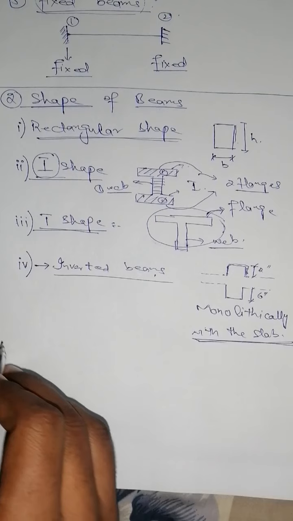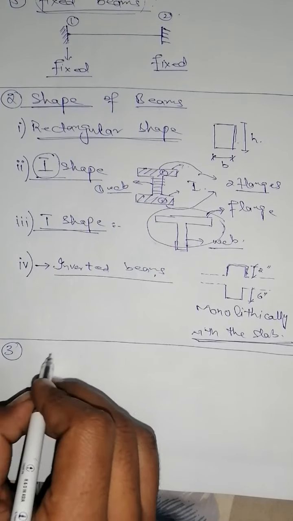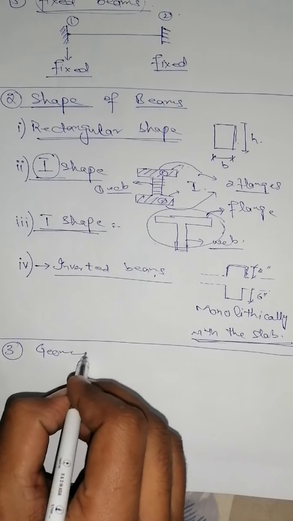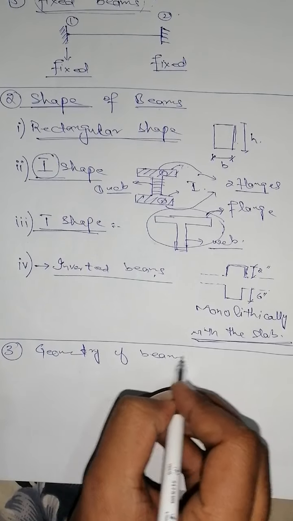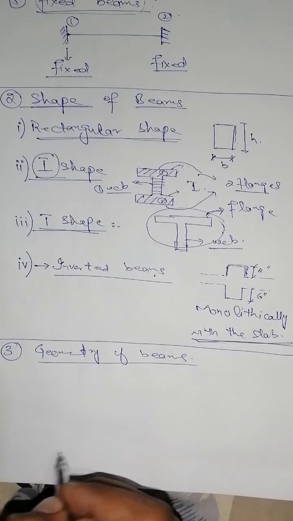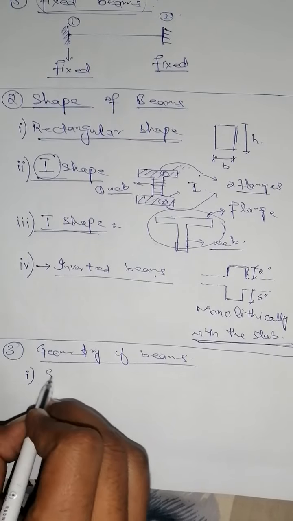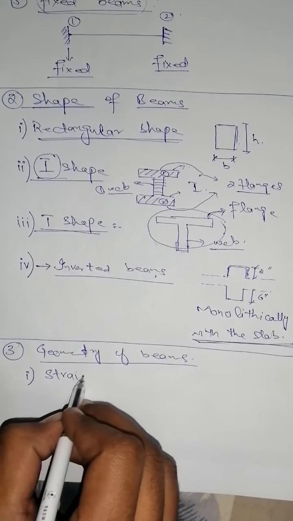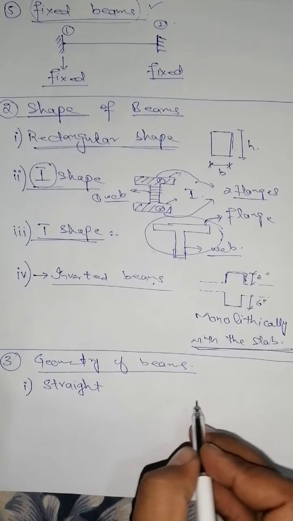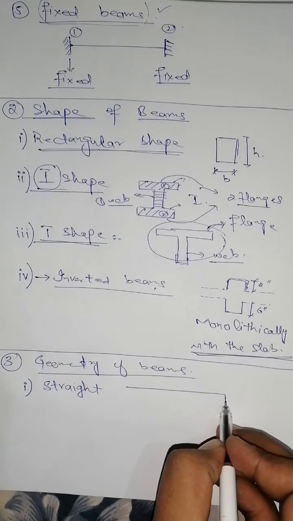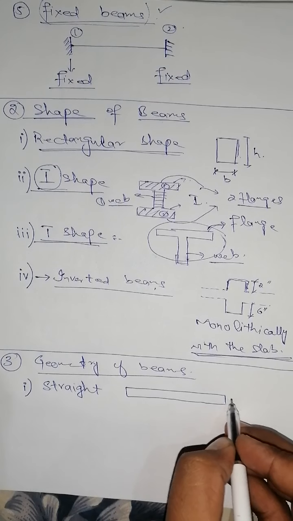The third classification criteria of the beam is geometry of the beams. According to geometry, there are three types of the beam. First type of beam is a straight beam. A straight beam means its section will be like this, straight and continuous section.